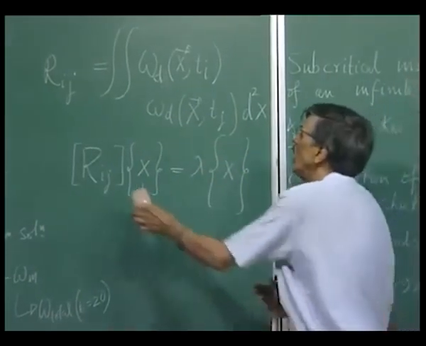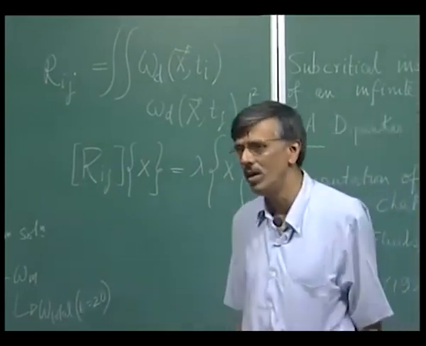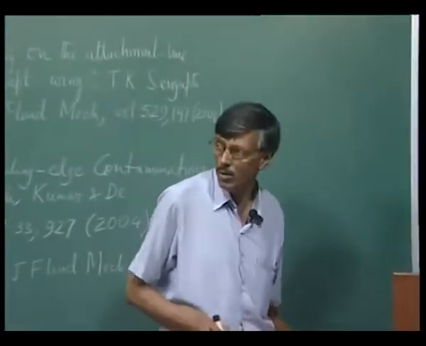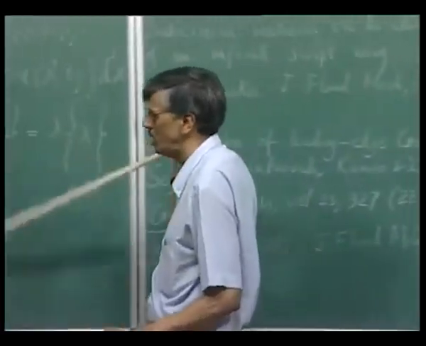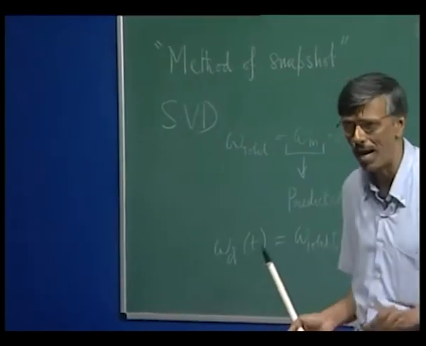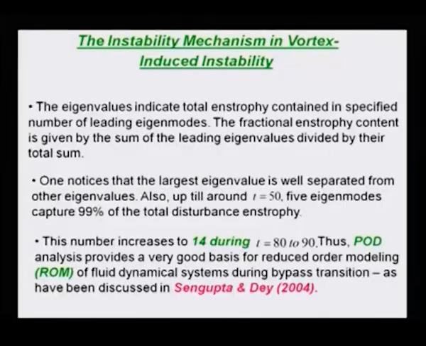Once you compose this R I j matrix, you just simply have to calculate its eigenvalues and eigenvectors, and there are many ways of doing it. Those eigenvalues indicate the total entropy contained in a specified number of leading eigenmodes, and if I look at a fractional entropy content, basically I add up lambda I divided by the sum of lambda I. We take the partial sum over leading eigenvalues divided by the total sum.